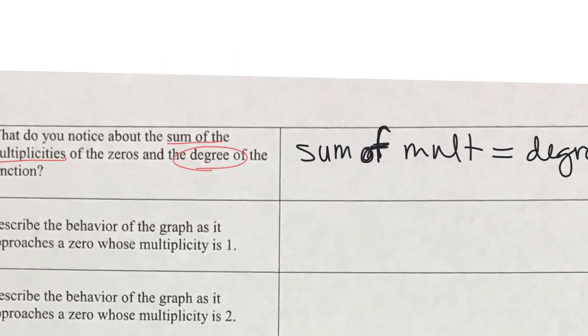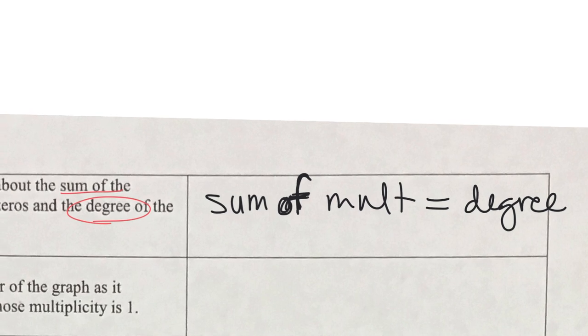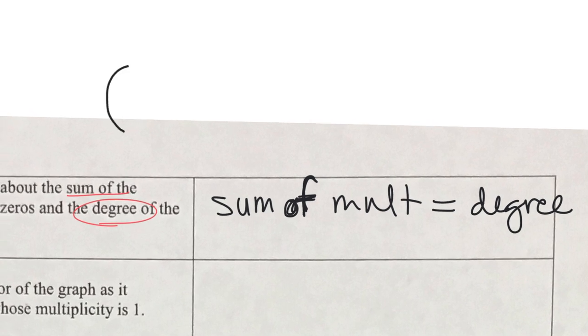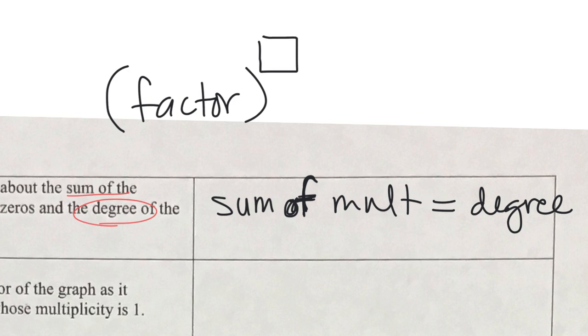By the way, when we write this in factored form, it's really important to understand that we're going to have some type of factor: x plus 2, x minus 3, 2x plus 5, some type of factor. You're going to find the multiplicity up here in the power. This is where we're going to see the multiplicity.